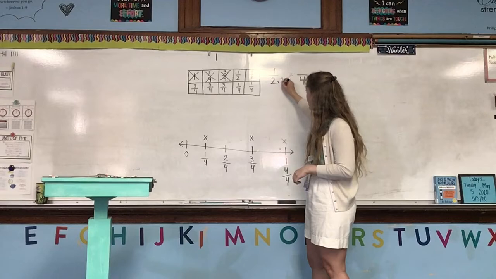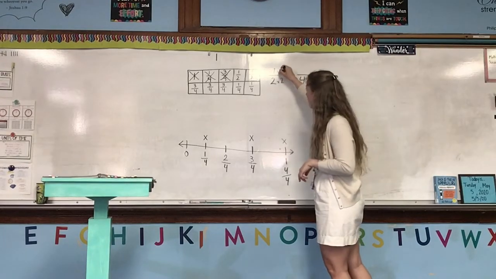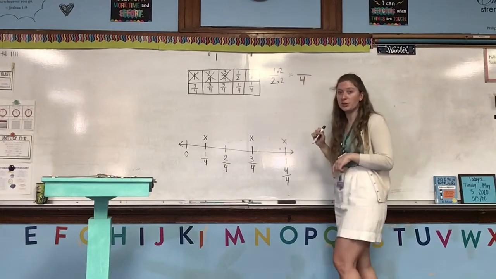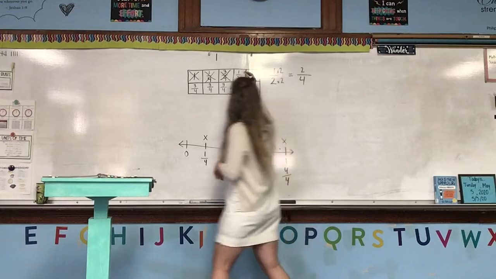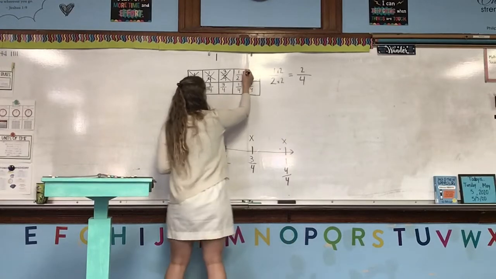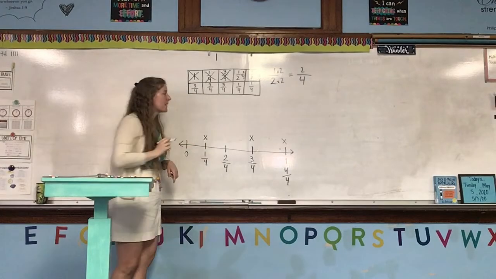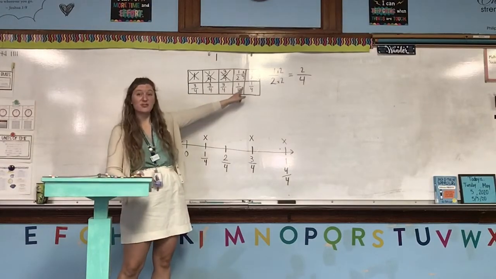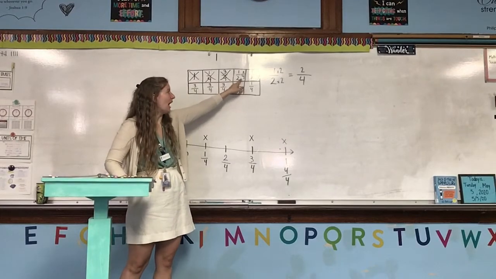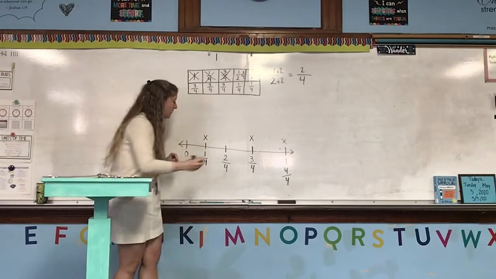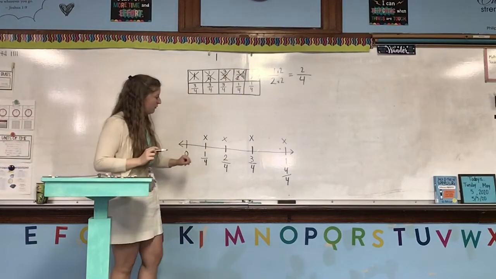I know I have to multiply 2 by 2 to get 4. Whatever I do to the denominator, I also do to the numerator. 1 times 2 is 2. So that means 1/2 is equal to 2/4. And I do have to show that work every time this happens. So now, I know that 1/2 is equal to 2/4, so I can put an X above my 2/4.